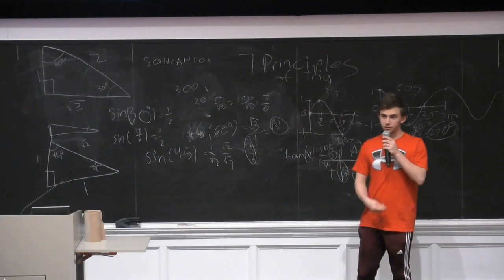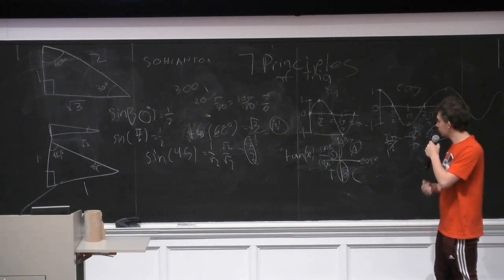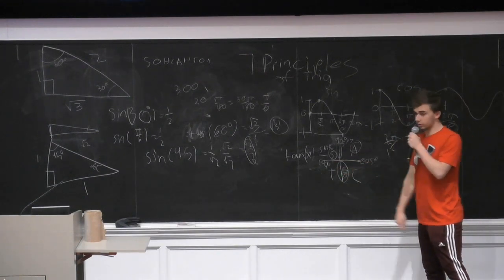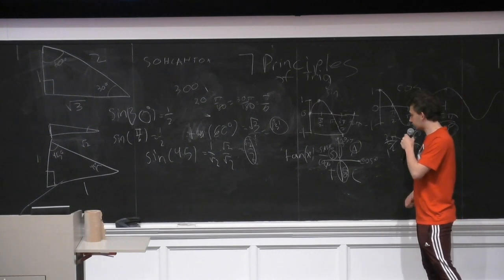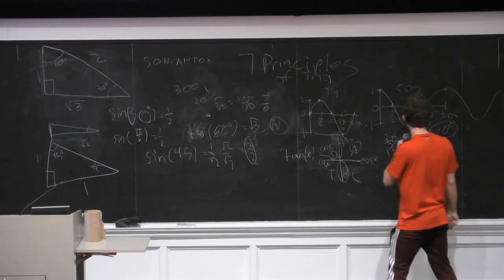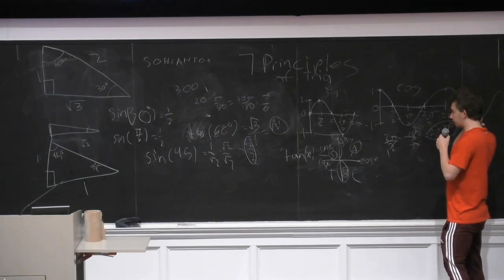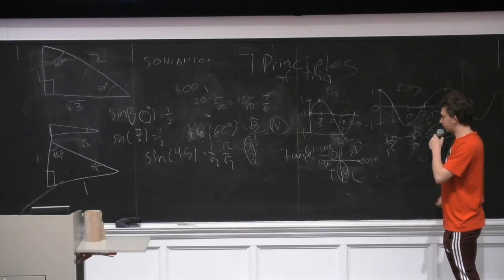So if the sine and the cosine are both negative, that means the tangent is positive. So being in this section, the only value that's positive is the tangent. So that's the main things to know from that type of graph.